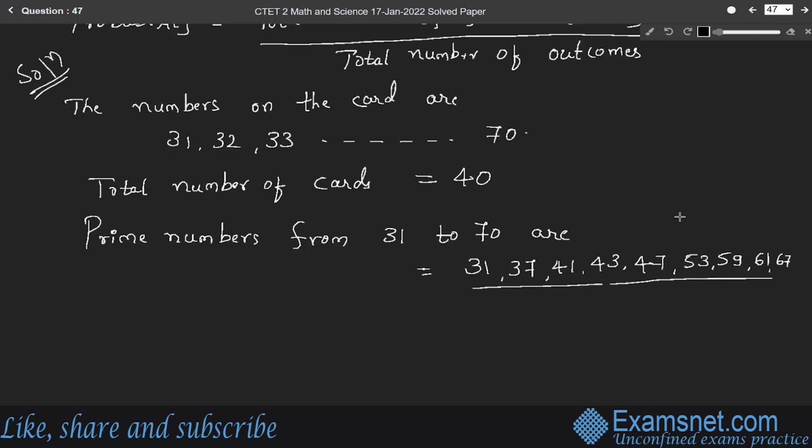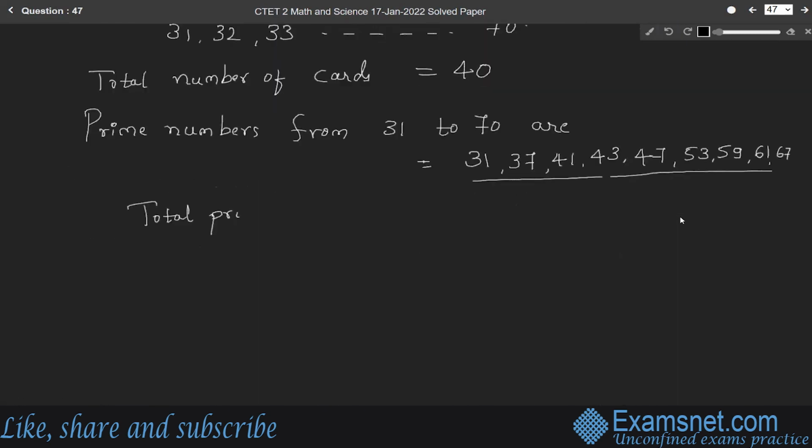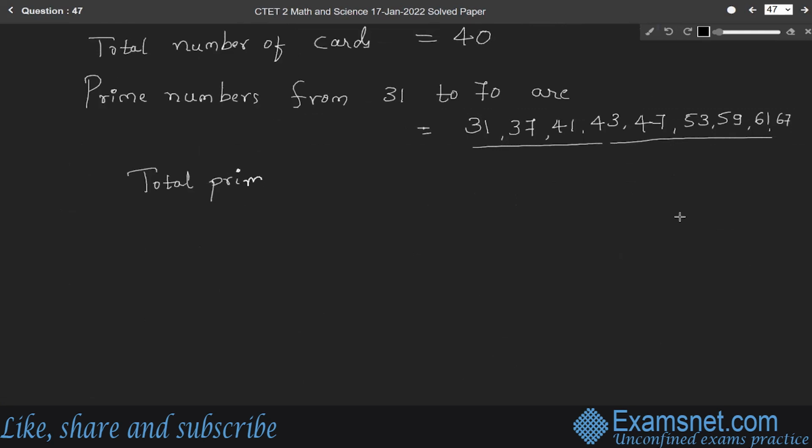Prime numbers are the numbers which are divisible by 1 and the number itself, right? Therefore, total prime numbers is equal to 1, 2, 3, 4, 5, 6, 7, 8, 9. So there are 9 prime numbers from 31 to 70.